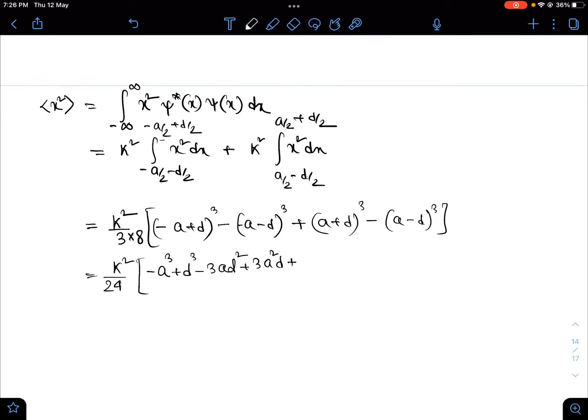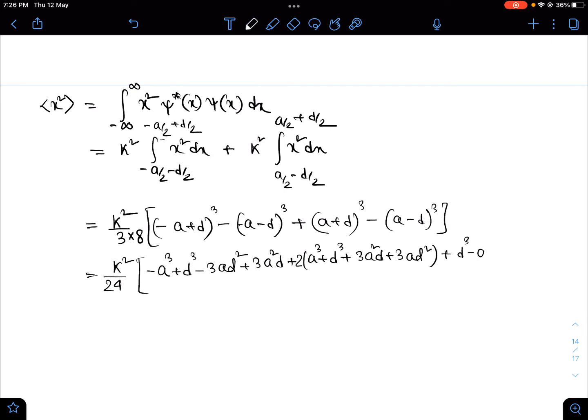The third term will be similar, and for the last term we have d cubed minus a cubed minus 3 d squared a plus 3a squared d. Yes, I think this is fine.